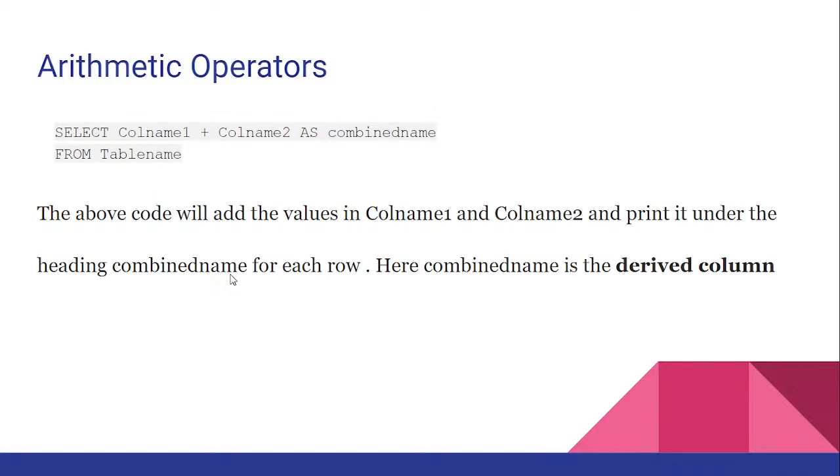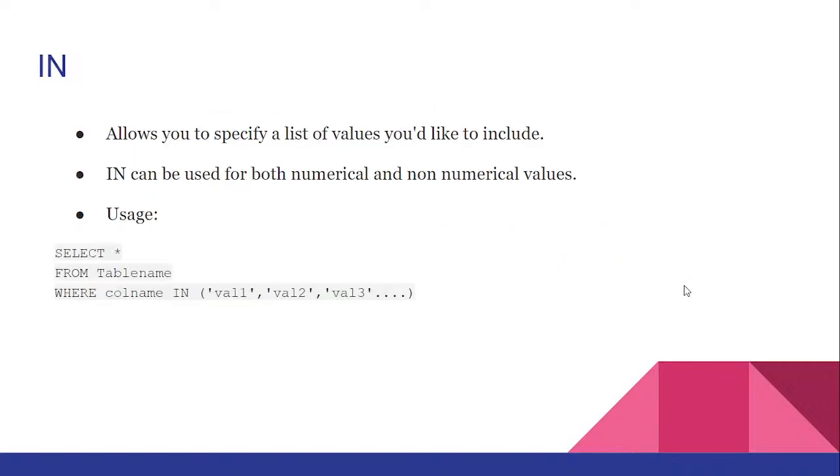Whenever you get a column out of a table which did not exist in the original database, but you have manipulated the values in some way to get another column, you call those columns derived columns. Okay, keep that in mind: what are base columns and what are derived columns.